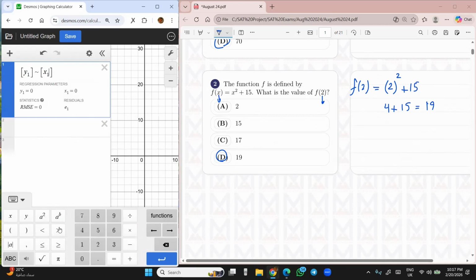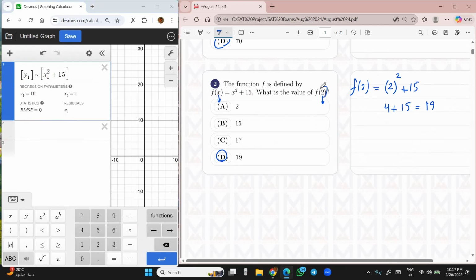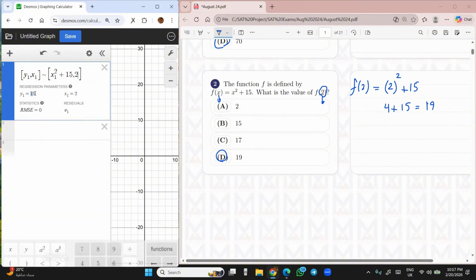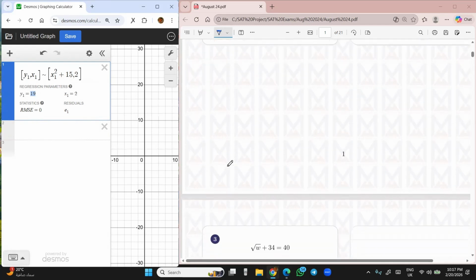This is the squaring sign here. And then plus 15. And we have another piece of information, which is x is equal to 2. So we can just write x1 equals 2, and then write 2 after the comma in the right side here. And then we get y as 19. So 19 is our answer.